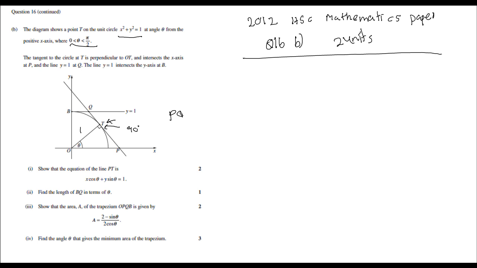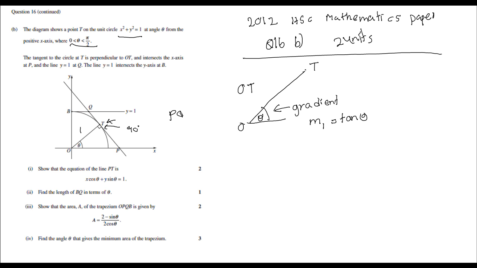One thing we know is OT is a straight line and it goes through the origin. Let's say that line has a theta angle, that's OT. We don't need to find the equation of that line, but the only thing we need to know is that the gradient here is M1, let's say, equals tan theta.